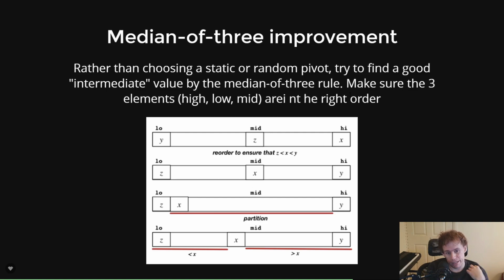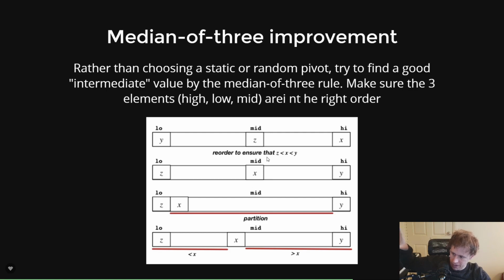to use a median of 3 pivot choice, which basically says I'm going to look at the first index, the last index, and the middle index. And they're going to be 3 random numbers. And then I'm going to rearrange them such that the lowest number is on the left.